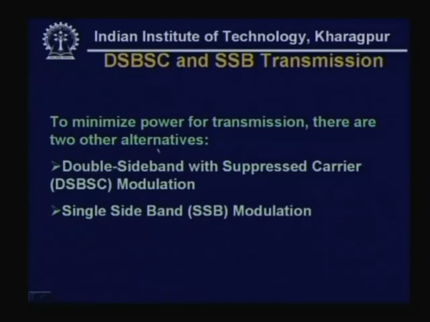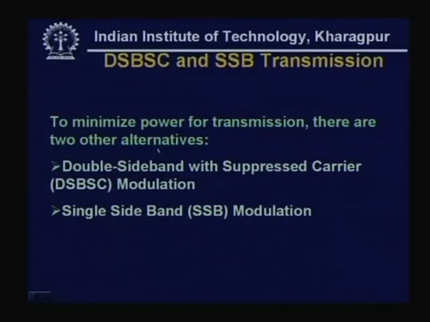Now, for recovery purposes, do you really need all the three frequency components? It has been found that we can recover the original signal even when the carrier is not transmitted. That means, even if we have only two sidebands, we can recover.